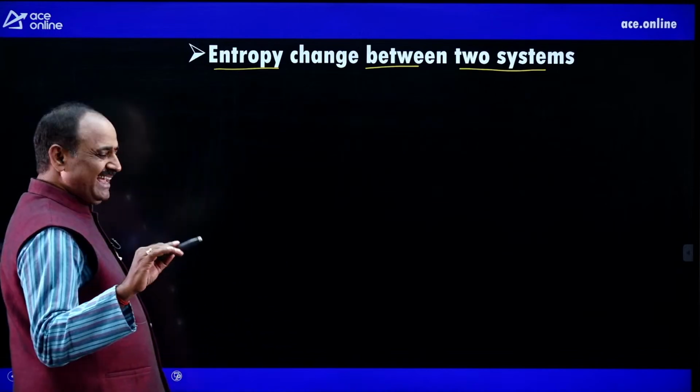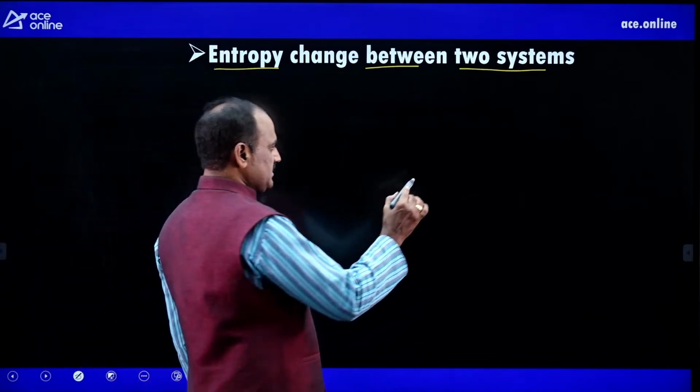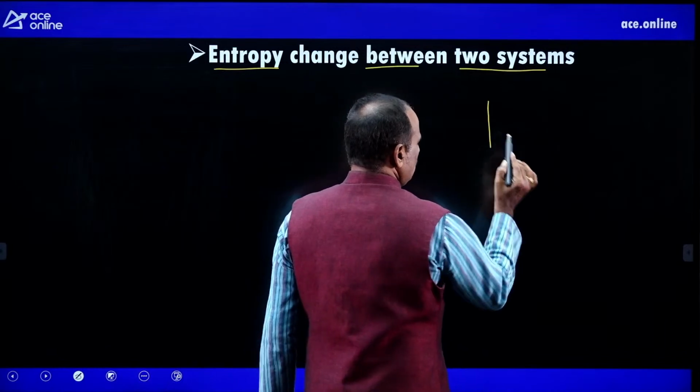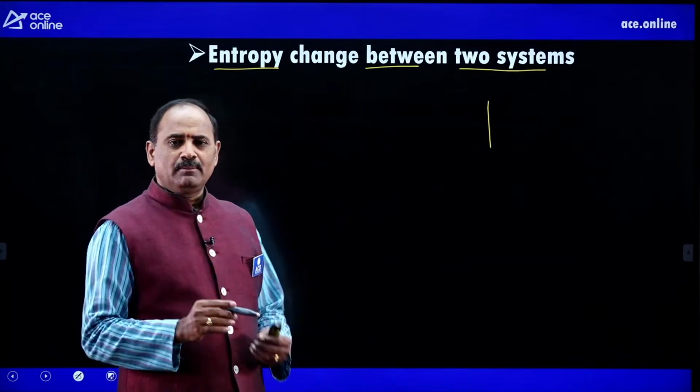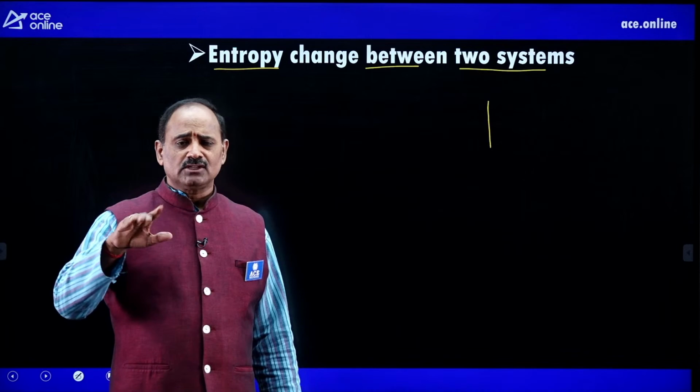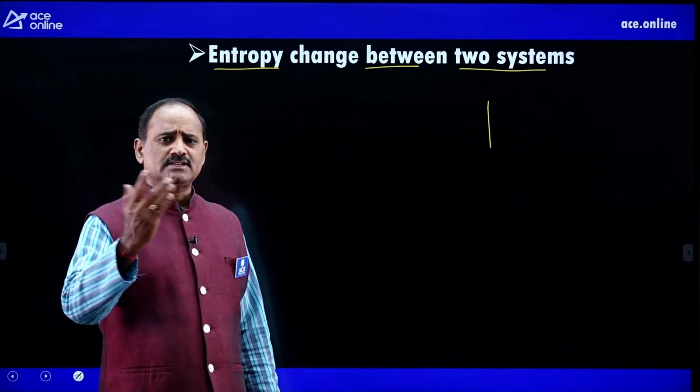First, let us take the entropy change between two sources. Thermodynamically, sources are of two types, hot source and cold source.